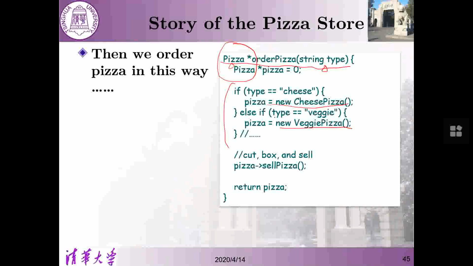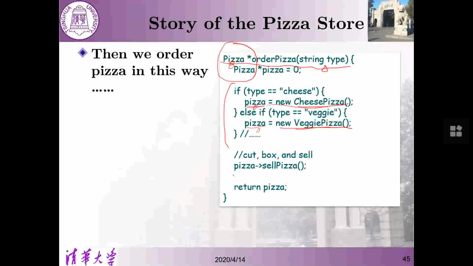In this case, we can return a cheese pizza pointer or veggie pizza pointer to this pizza pointer, where upcasting works. So we do not need to worry about the return type. We always return a pizza pointer, that's fine.